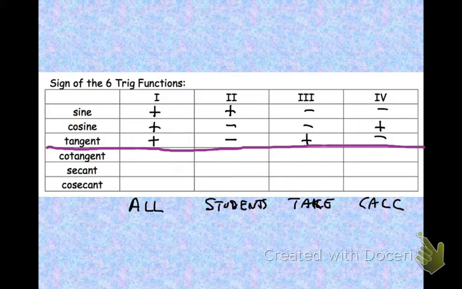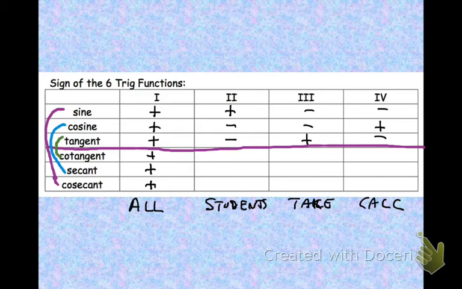If we're looking at the reciprocals, it keeps the same sign. So we know that sine matches up with cosecant. So that means that down here is going to be a positive. We know that cosine matches up with secant, so we're going to have a positive here. And we know that tangent goes with cotangent, so we'll have a positive here.